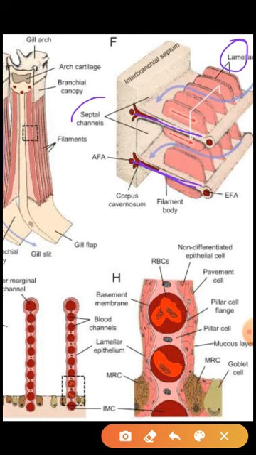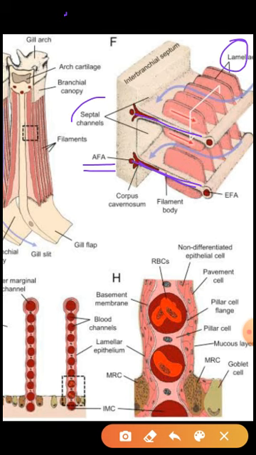They are thin enough, and then there pass capillaries, and those capillaries make exchange with what? With that of water, right? So this is an afferent filament artery. Afferent filament artery coming from where? From the afferent branchial artery.